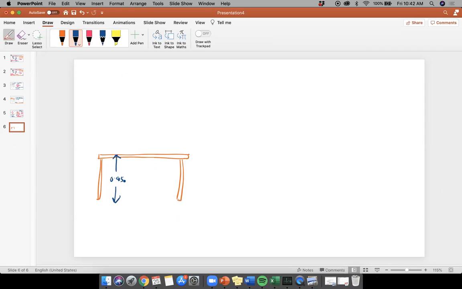Wow, I drew that nicely. Okay, then this one has a block of mass. Oh, not a block of mass, an egg. Never mind. So this egg is lifted off the table by 0.45.